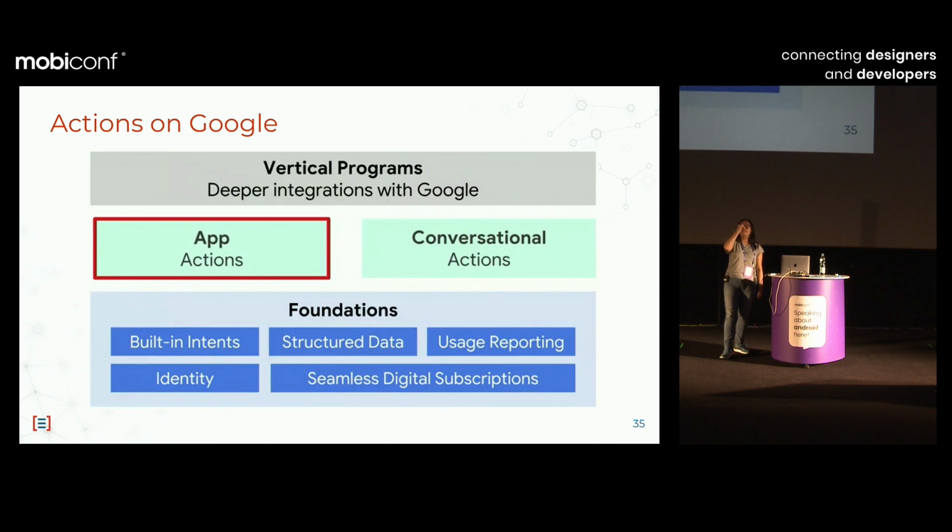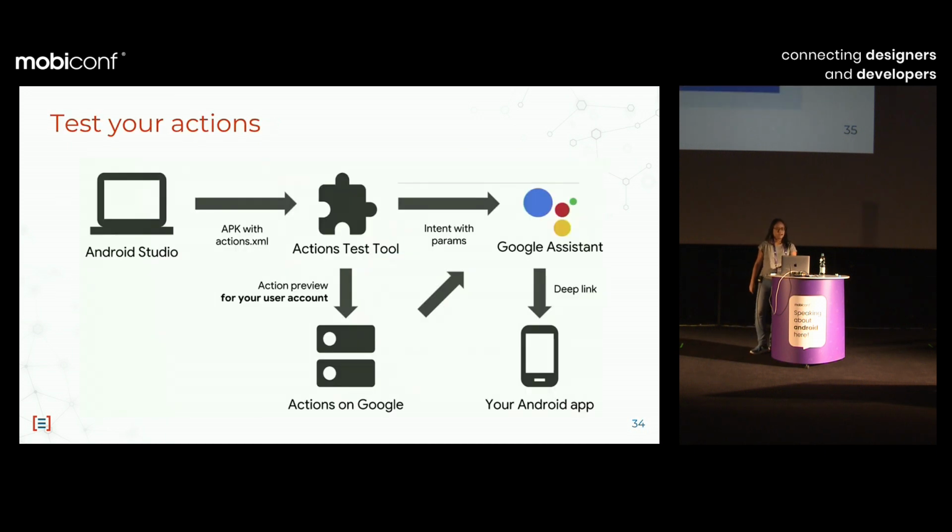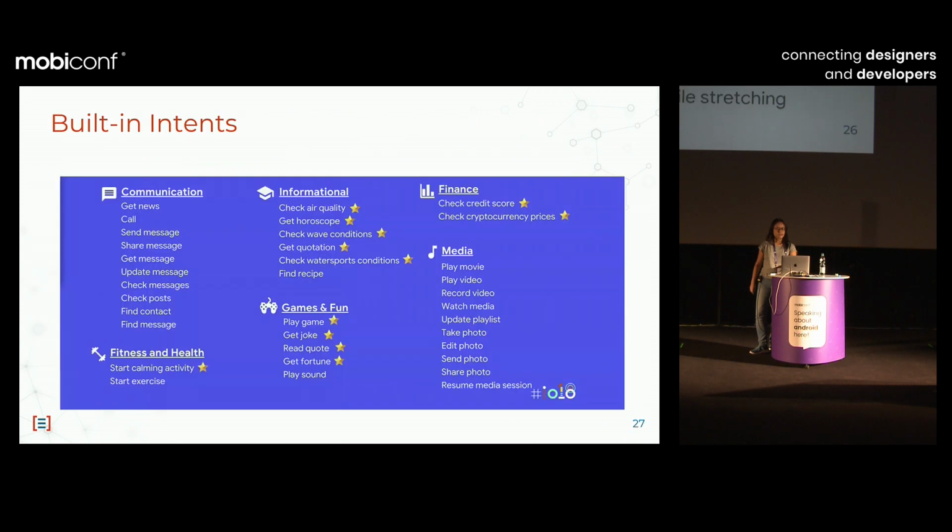I know that built-in intents, which are really the base of app actions, those right there with the stars, are live now. And of course, they're live in English, and English US, not even English UK. And they have said on the list that there are 4 upcoming languages. I know that French from France is there, German from Germany, and there are 2 more, maybe Spanish and maybe Japanese, something like that.